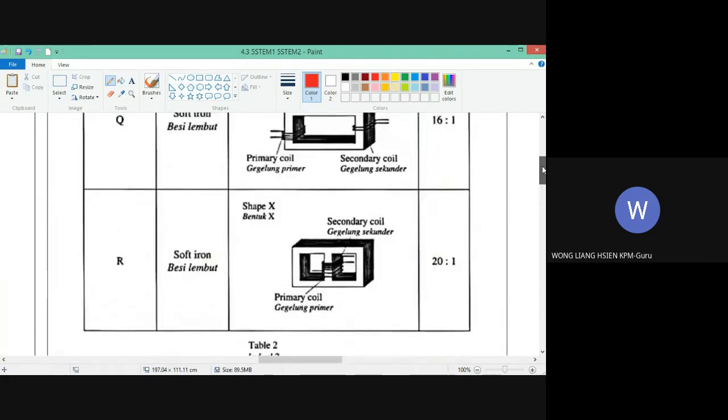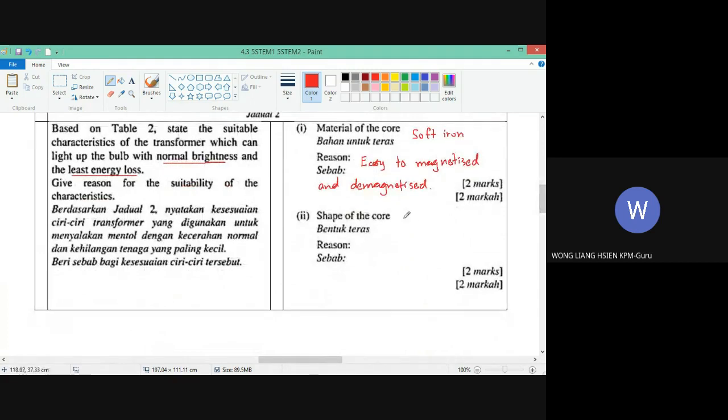So the best is shape X. So reason, decrease leakage of magnetic flux. Decrease leakage of magnetic flux. Next.